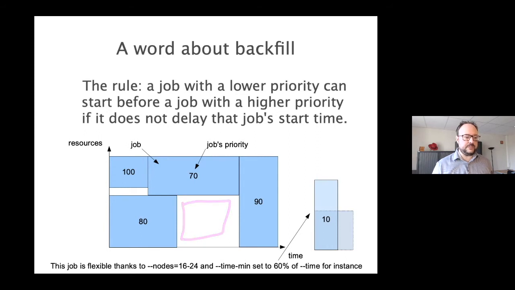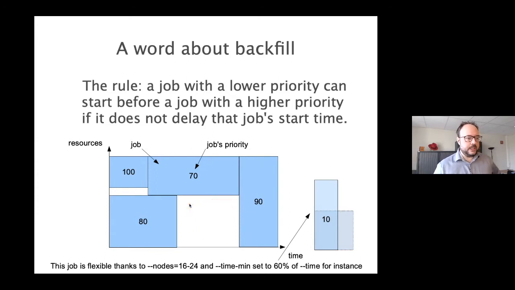So if you only specified 24 nodes, for instance, you see that it was not schedulable at all. But if you give Slurm some liberty and say, okay, with 16 I can handle it, and then I will stop my job and restart later if needed, then you see that it can fit in the square here.